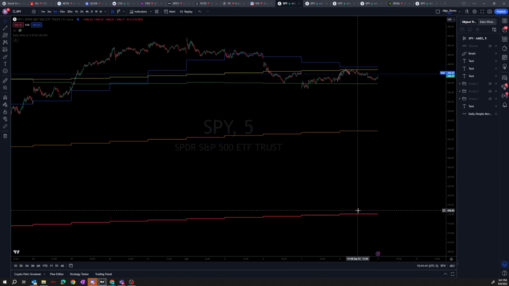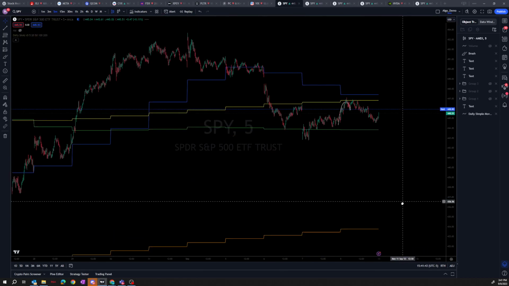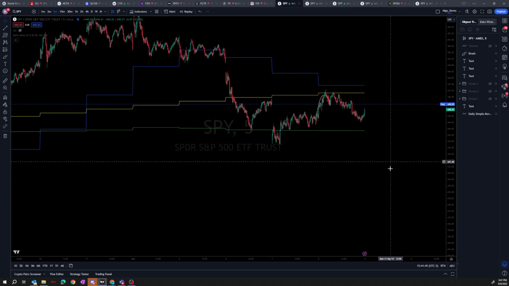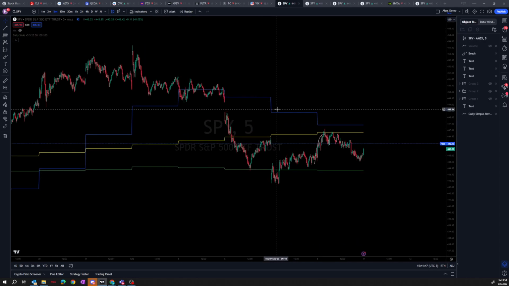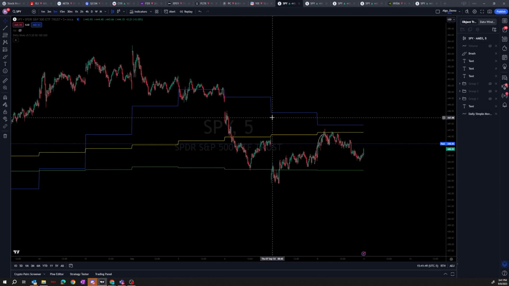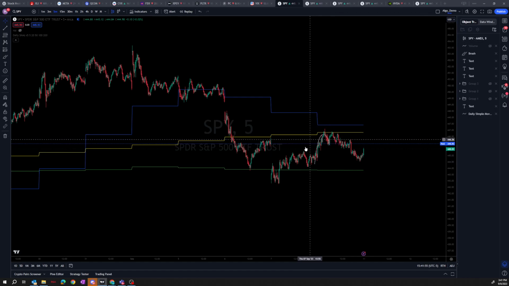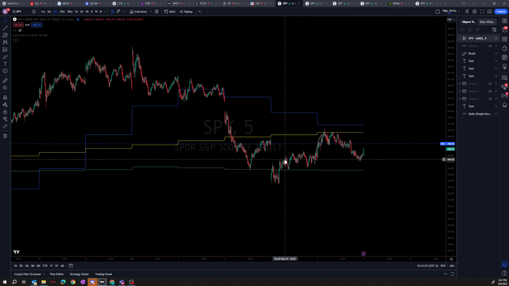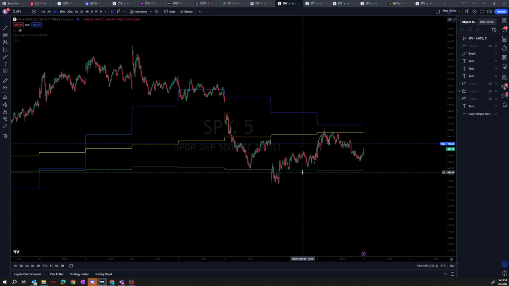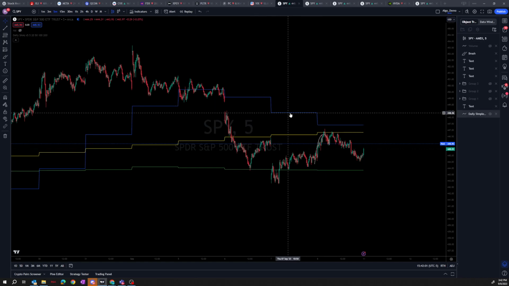As long as price is above the 200, you're net bullish. But on the intraday time frame, we use the 5 and the 20. When the 5 daily SMA is above the 20, it's net bullish. But if we look at what's happening right now, our price action is currently wedged between the 20 daily SMA and the 5 daily SMA.